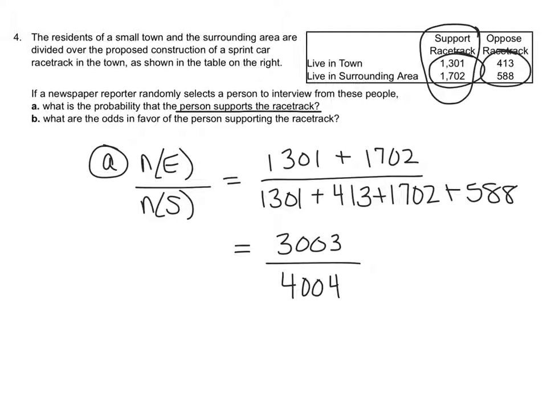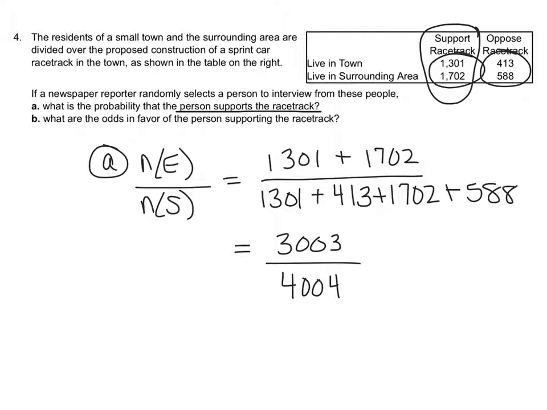Now we want to reduce this fraction and write it as a simplified fraction. So to do this, you want to find two numbers that are both divisible by the top and bottom of the fraction. We can also do this by finding the greatest common divisor, and we learned how to do that in Unit 1 of the course.